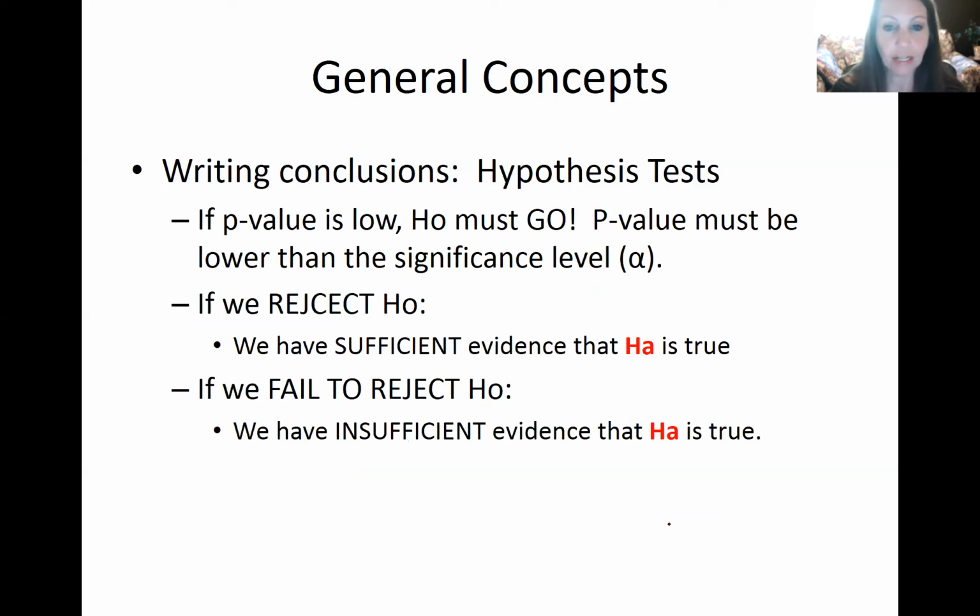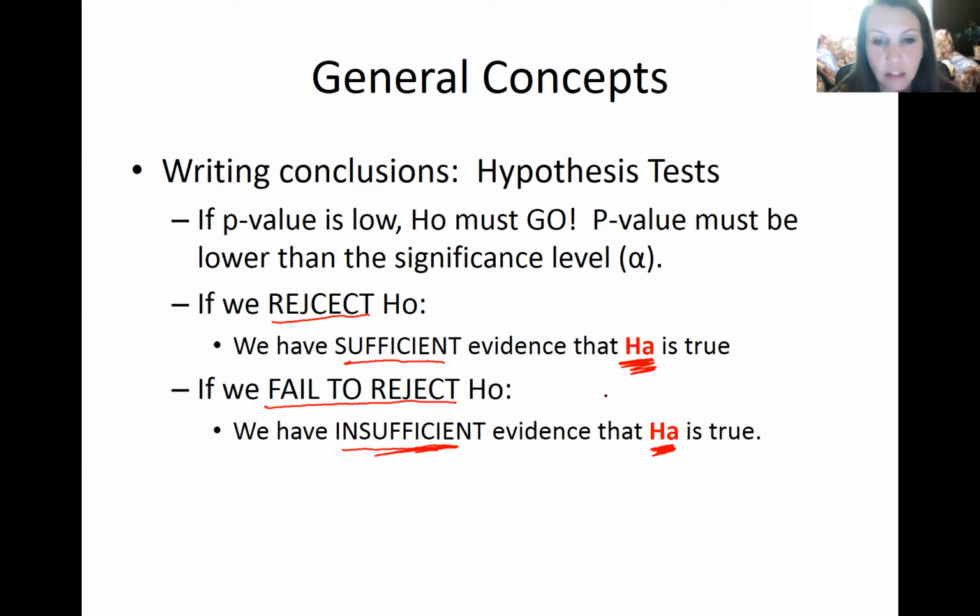When we're writing conclusions for the hypothesis test, when P is low, then H0 must go. So if the p-value is lower than the significance level alpha, that's when we reject the null hypothesis. If we reject the null hypothesis, that means we have sufficient evidence that the alternative is true. And if we fail to reject the null hypothesis, that means there is insufficient evidence that the alternative is true.